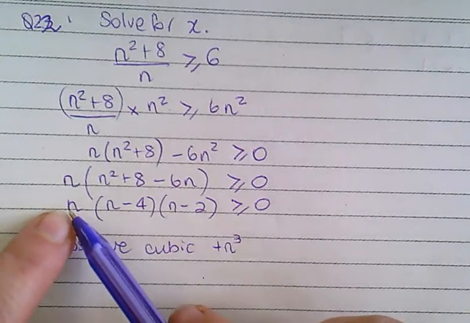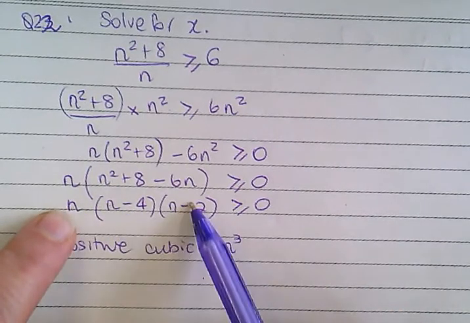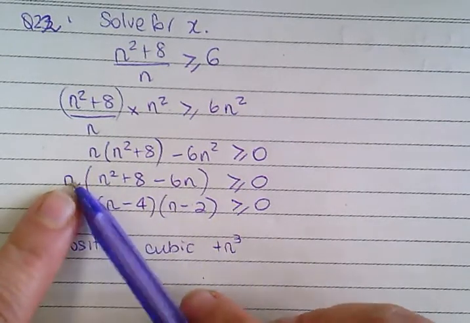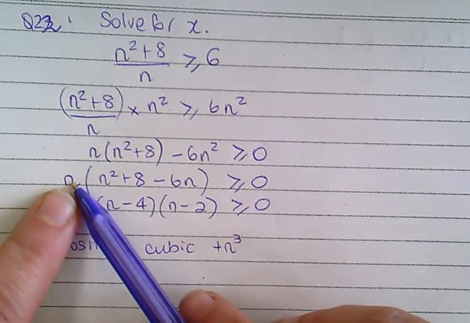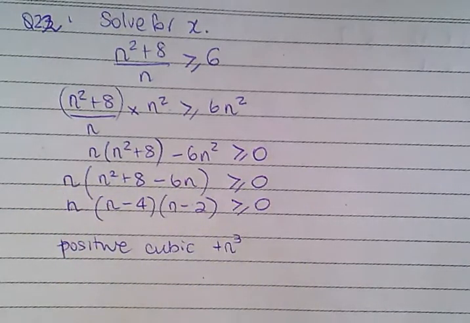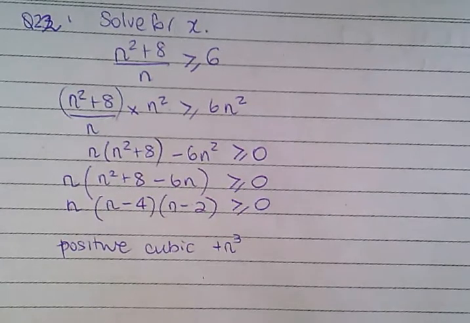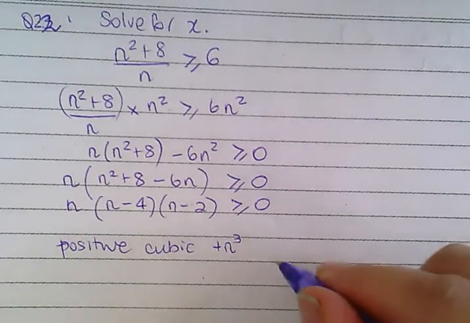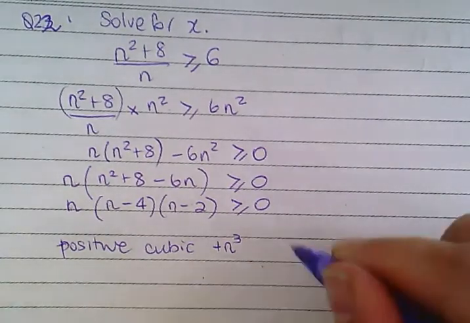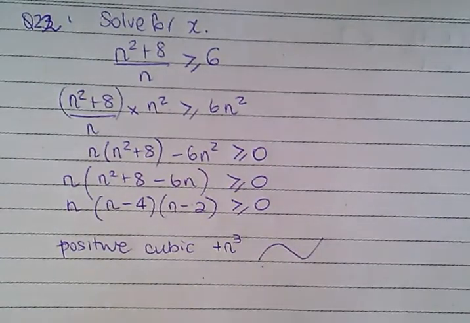I can tell that by just multiplying the three n's together. For a cubic, it doesn't matter what the squared term, the n term or the constant term is. You need to know what is in front of the cubed term. And it's positive. Now, a positive cubic looks like this shape.